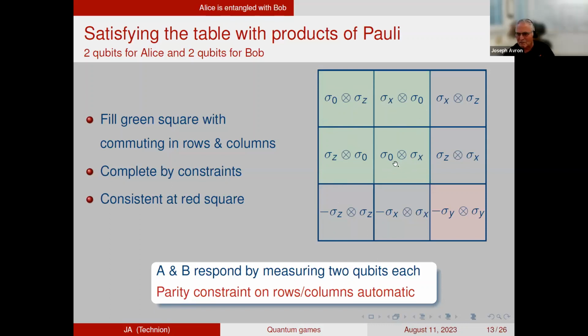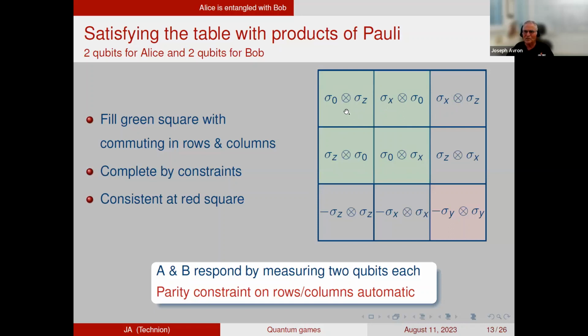And it's actually quite easy to build such a table if you ever need to build one. We do it like we did with the +-1. We first take this small 2x2 square and we fill it with a tensor product of Pauli matrices so that the two Pauli matrices in every column commute.